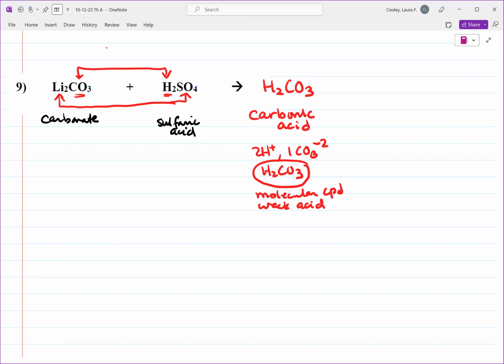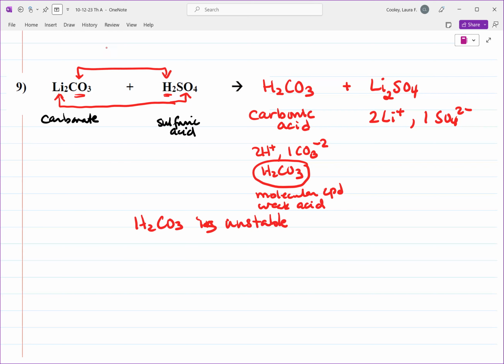The other product is a salt, which is from the leftover ions, the lithium and the sulfate. But that's not the right formula because you need 2 lithiums to go with 1 sulfate. So it's Li2SO4. That is not the final product because this guy, H2CO3, is not stable. It's unstable.